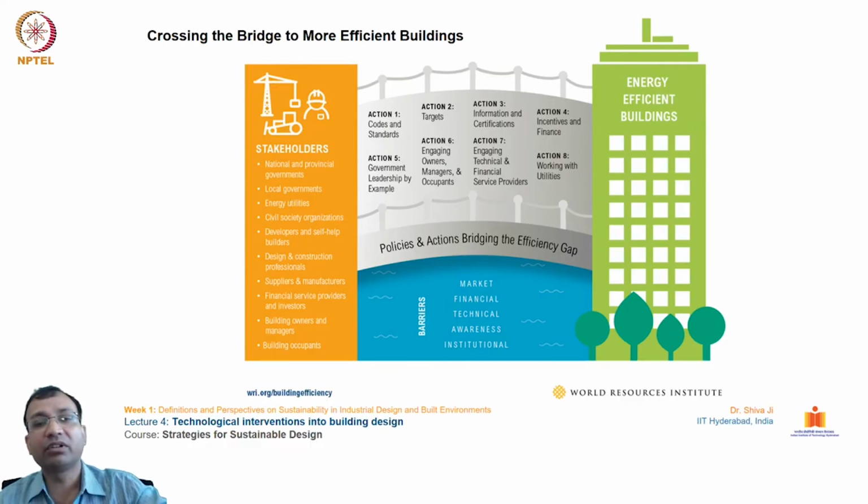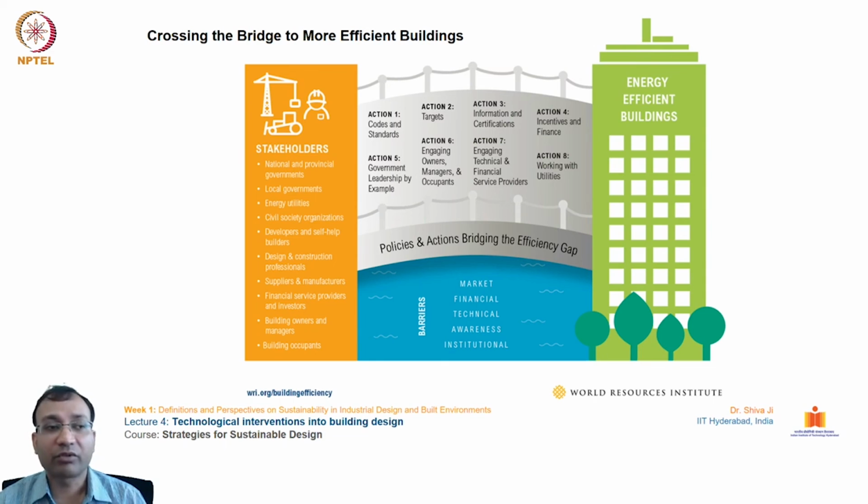The stakeholders are listed on the left side. This talks about national and provincial governments, because they frame the policies. They are the topmost bodies to create rules, regulations and laws. And local governments, which enforce local laws and optimize resources. And energy utilities, civil society organizations and bodies such as municipal organizations, developers and self-help builders.